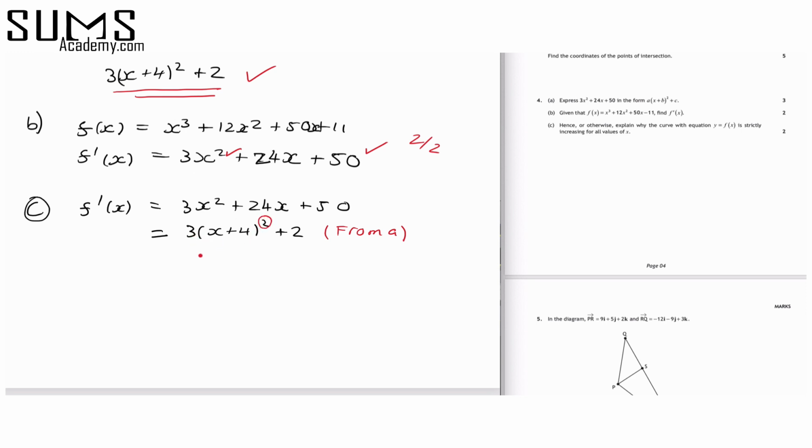squared term here, that means that all values are going to be positive, because no matter what number you have in here, anything squared is always going to have a positive value.